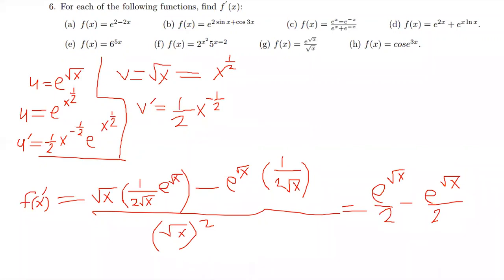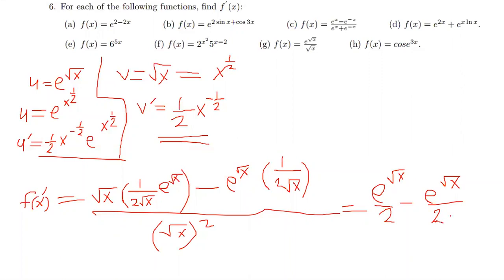The root of x is here. Yes, what's v prime? V prime is here. So I've just changed this x to the power negative half to this. I hope you've gotten it. All right, I left the negative.